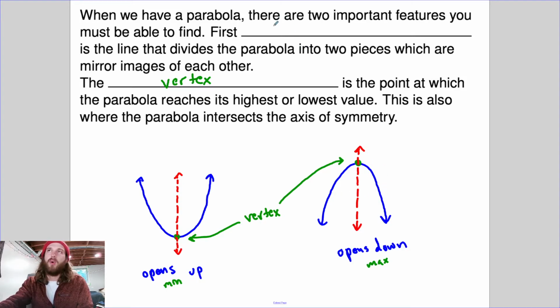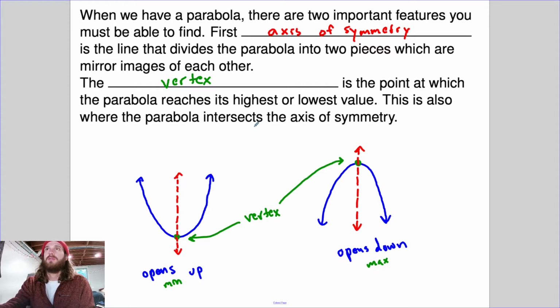My drawing is not perfect, but it's incredible that I can throw something up into the air and it will create this perfectly symmetric parabola. So the axis of symmetry is the line that divides the parabola into two pieces that are mirror images of each other.